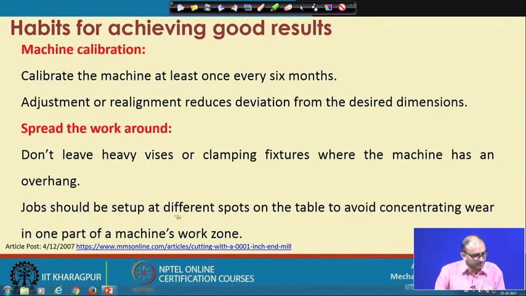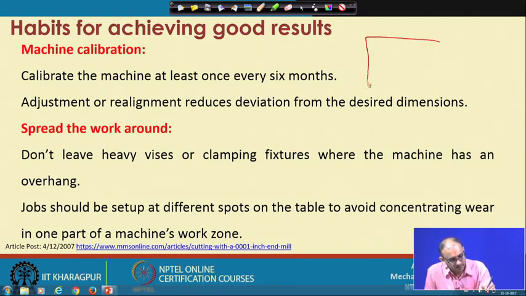Job should be set up at a different spot on the table to avoid concentrating wear in one part of the machine's work zone. Now, what does that mean? Consider we are looking from the top and this is our table, and every time we are mounting the workpiece and fixture, everything, at this location.